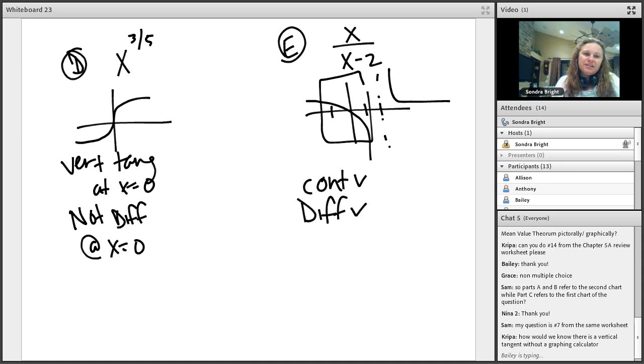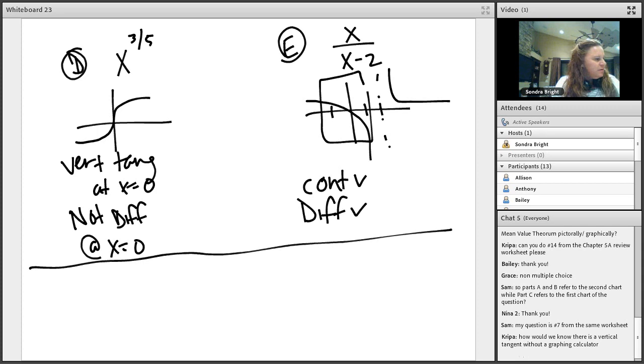Yeah, that vertical tangent one is not easy. I would say something like that would be something you would use a graphing calculator for. One thing that I would expect you to know is x to the 2/3. This guy is a cusp.